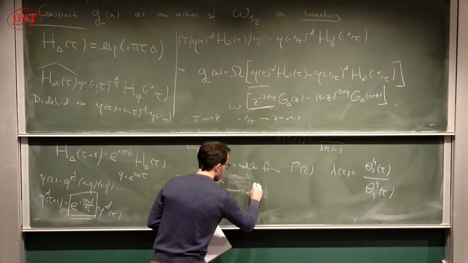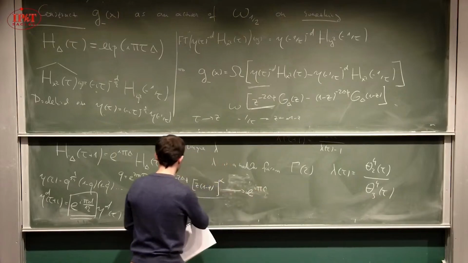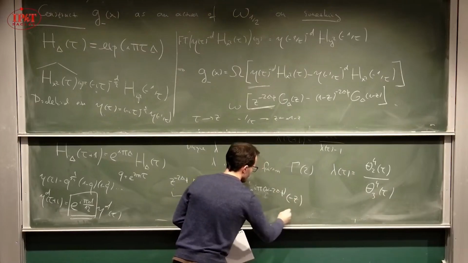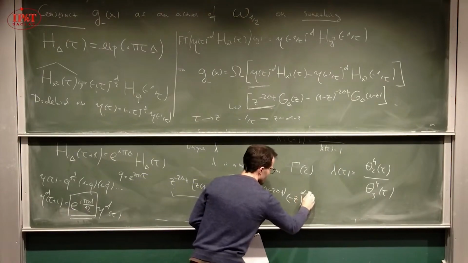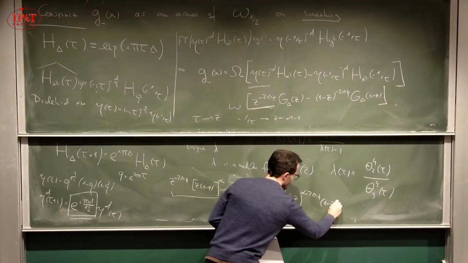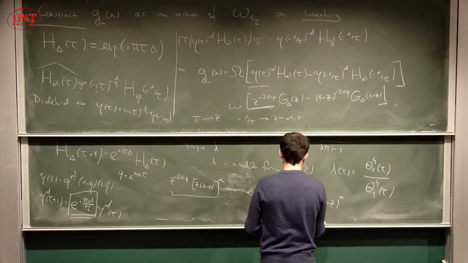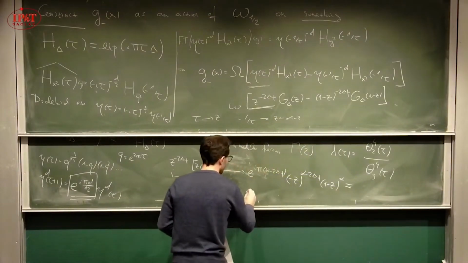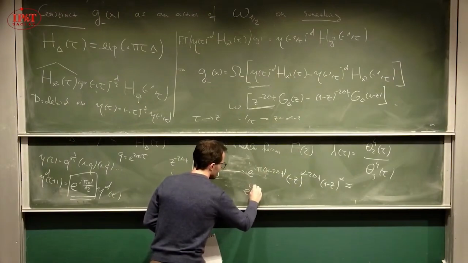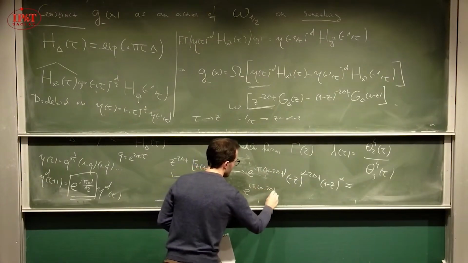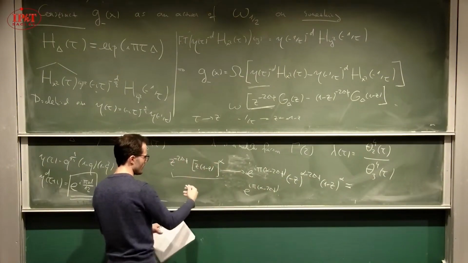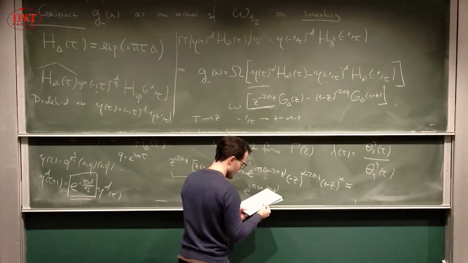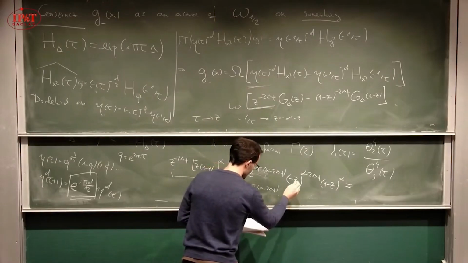Then you get e to the i pi alpha minus 2 delta phi, to the power minus z alpha minus 2 delta phi, 1 minus z to the alpha, and this should be the same thing as i pi alpha minus 2 delta phi as the original thing evaluated at z over z minus 1, which is whatever you get.